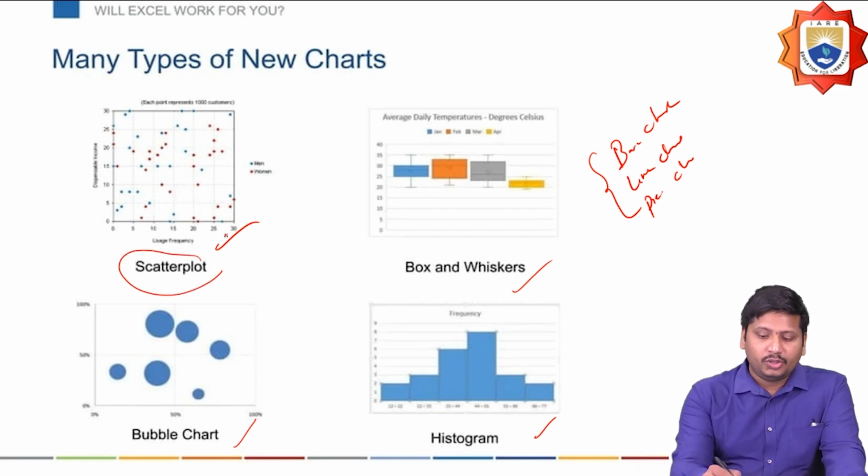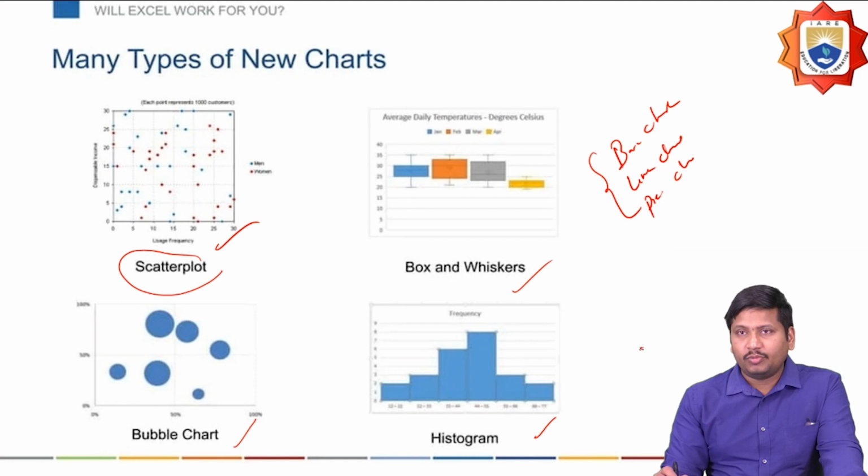Recently these types of charts were added, like the scatter plot, where we can show data in the form of dots. The whisker and box plot is another kind, and the bubble chart is also a newly added chart here. Then the histogram shows the frequency distribution.